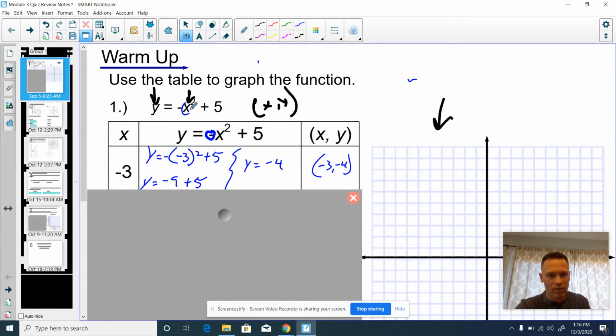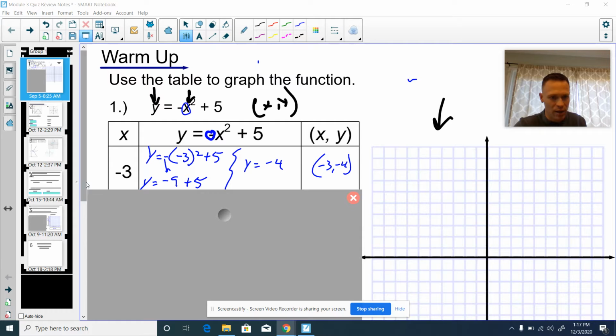It's negative, but then I have to take the opposite of that, right? So I have to take -3 and square it. That's -3 times -3, which gives me +9, but that negative goes along with it. So it's -9, and then I add 5. -9 plus 5 is -4, so I get the point -3, -4, which I'm now going to go ahead and graph.